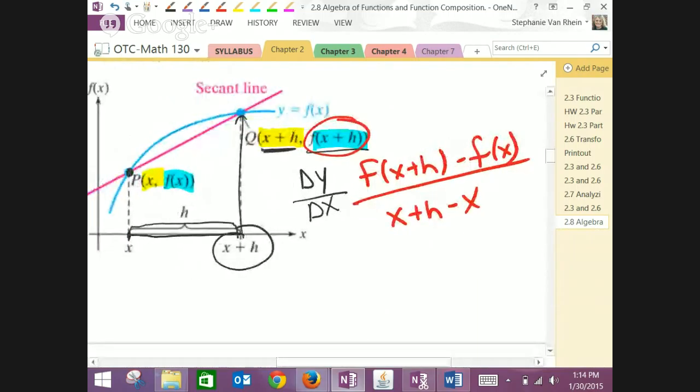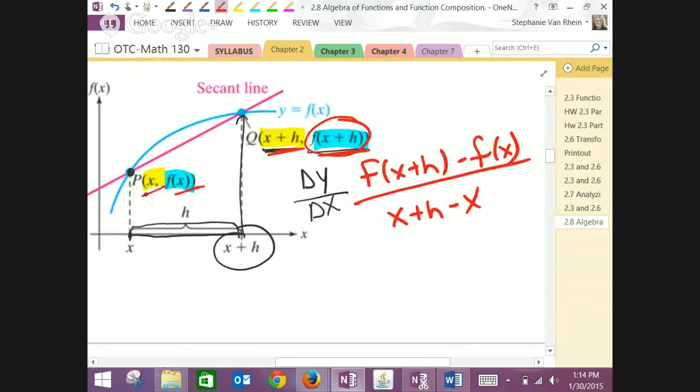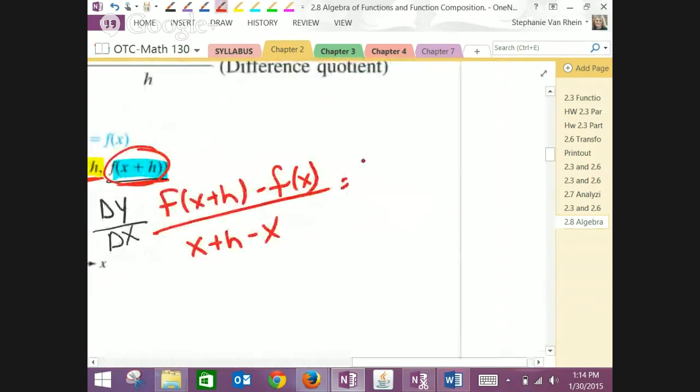You see that? The change in y divided by the change in x. So if I take the y2 point, in college algebra or in Math 110, you call that y2 minus y1 over x2 minus x1, and that's how you find the slope of a line. You guys remember doing that?